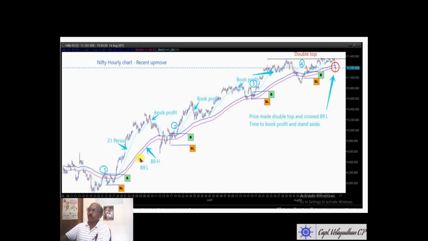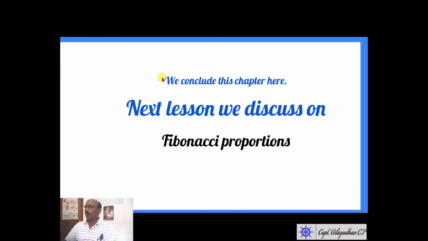There are other combinations. You can practice the 55 period moving average, 34 period moving average, and 21 also. Use the high and low of the points to get a band. Here we will conclude moving averages.